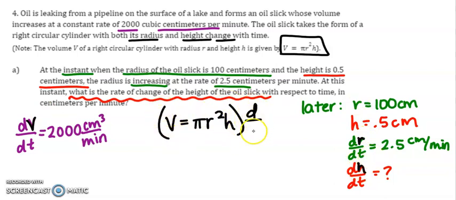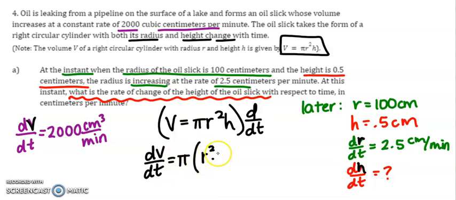I'm going to take the derivative with respect to time. So I get dV/dt equals, pi is just a constant, so I'm going to let that hang out in front. First times the derivative of the second, plus the second times the derivative of the first.